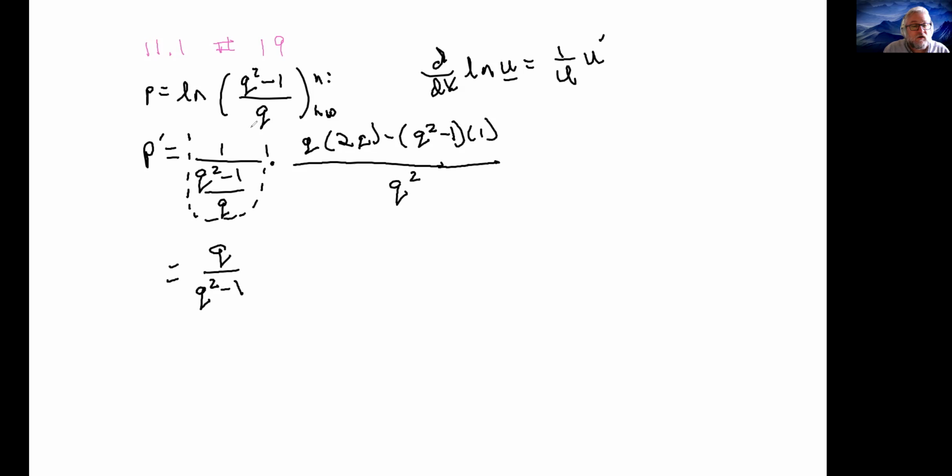So I still have Q over Q squared minus 1 times, let's see, plus 2 minus 1, so that's Q squared plus 1 all over Q squared. One of these will cancel that one, and we're left with Q squared plus 1 over, there's a Q still left in the bottom, Q squared minus 1. Look at that. Same answer. What? That was fun.